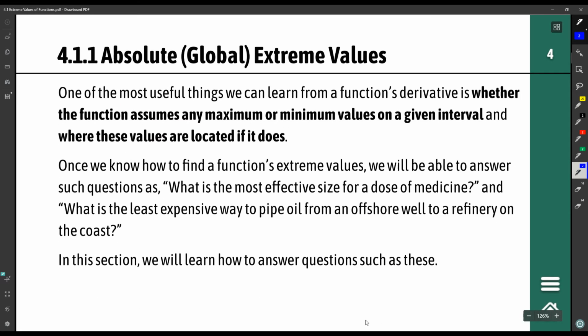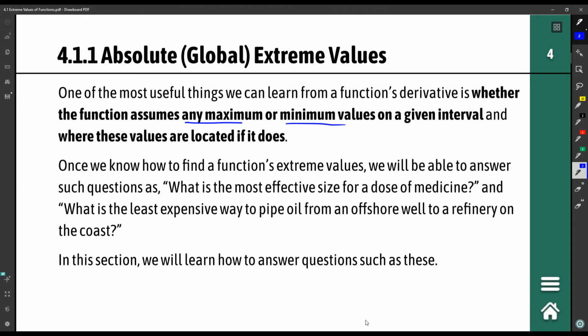So we begin like this, and it's a big overarching theme of chapter 4. We're going to learn how the derivative is useful to us in describing a function and the behavior of the function. And one of the most useful things we can learn from the derivative of a function is whether the function assumes any maximum or any minimum value on a given interval.